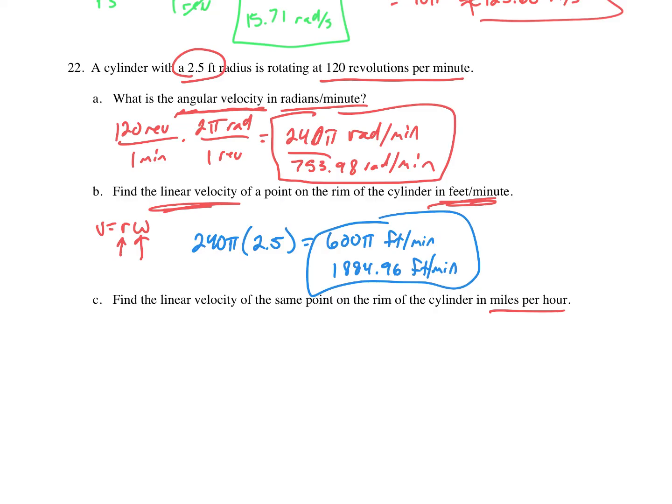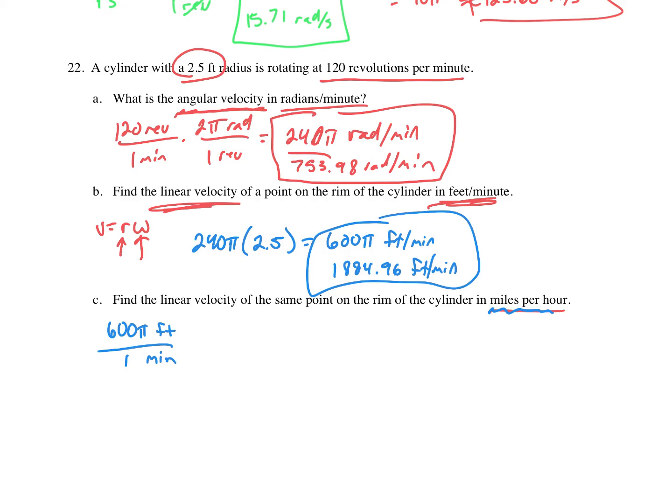So now we want to convert that feet per minute into miles per hour. So we need to use our dimensional analysis. So I'm going to use the 600 pi just because I like accuracy, but you could use the 1884.96 if you'd like. So we have 600 pi feet per 1 minute. Now there's two conversions here.